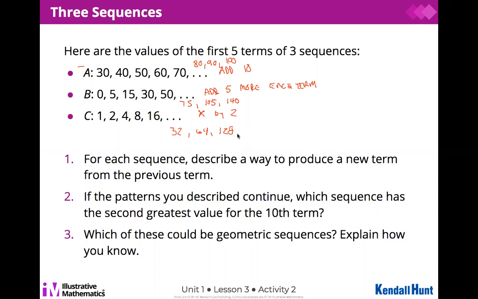If I go one more term in C, what is that going to be? 256. And then if I go one more term in this one, that's going to be 180. Well, this just leapfrogged pretty quickly. If we go one more term, this one's still going to be the middle term. So this is our biggest. C is going to be our biggest. A is going to be the smallest. B is going to be the middle value there. It's going to be the one in the middle.